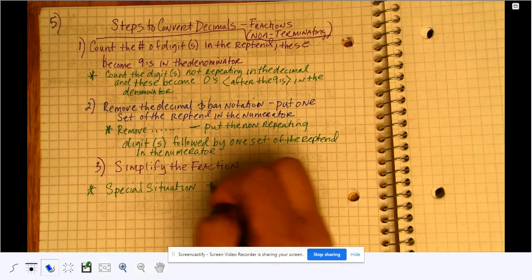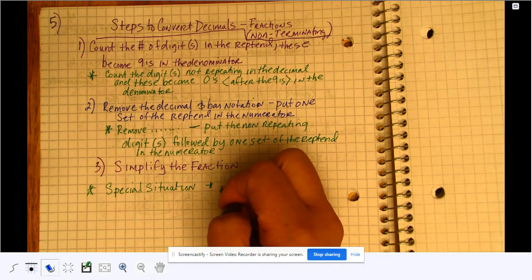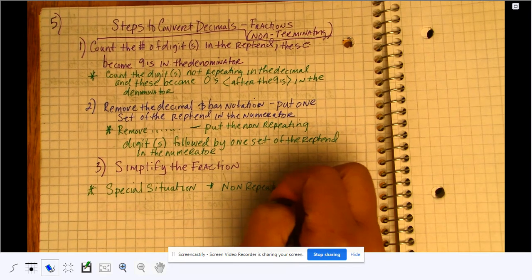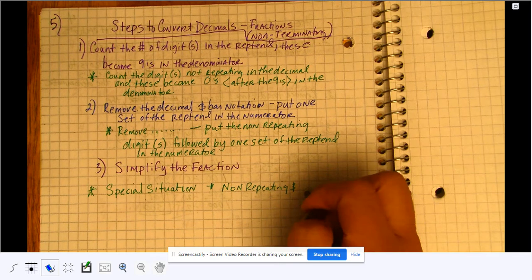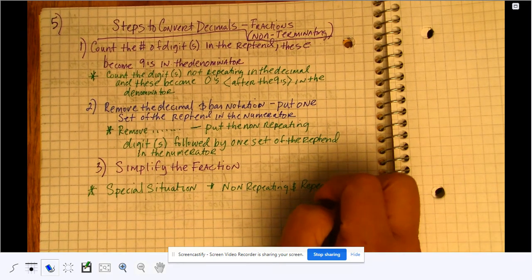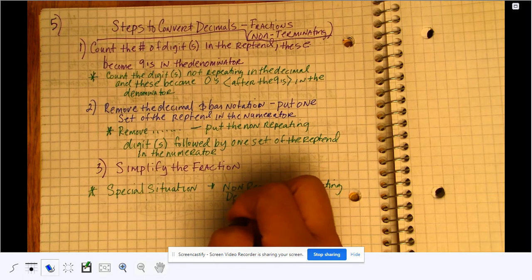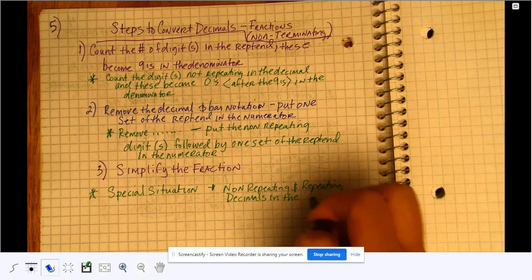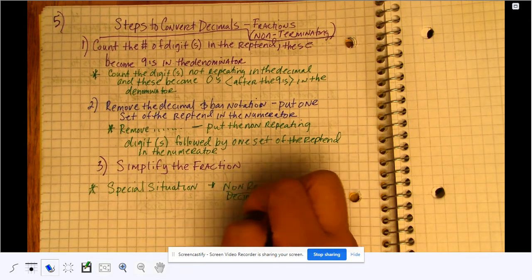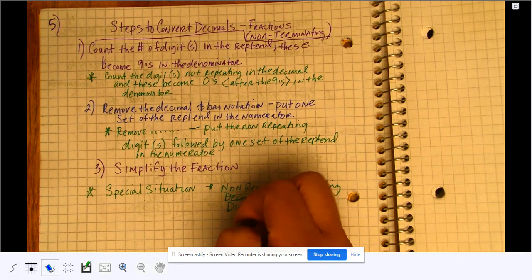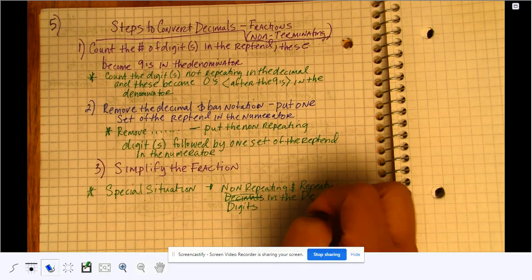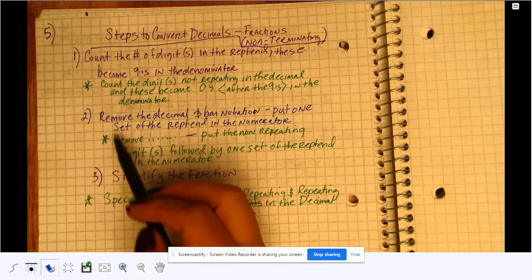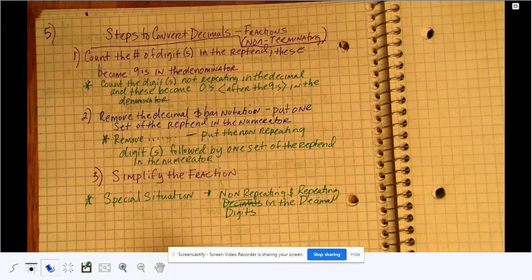So the special situation is when you have both non-repeating and repeating digits in the decimal. So when that happens, you need to follow the special steps that we've outlined with the asterisks.